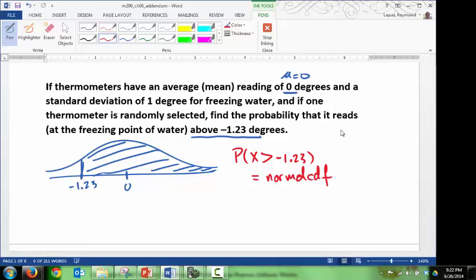So this would be what I would want you to write. You're going to say, I'm going to use my normal CDF. My low value, I'm looking at my graph, my low value is negative 1.23. My high value is negative infinity. Now, since you're doing this by hand, you can write negative infinity, or you can write what you're going to type in your calculator.